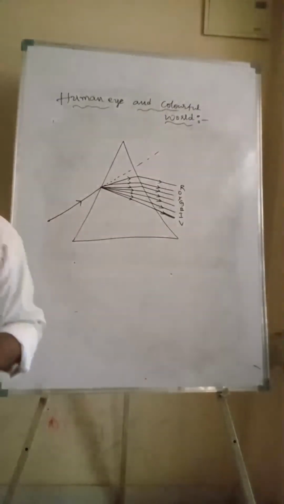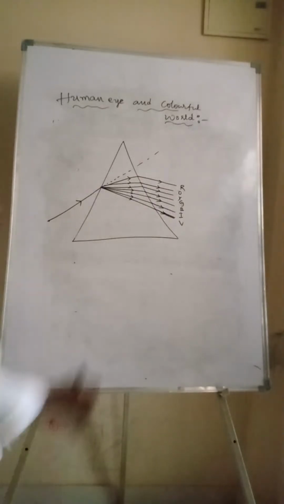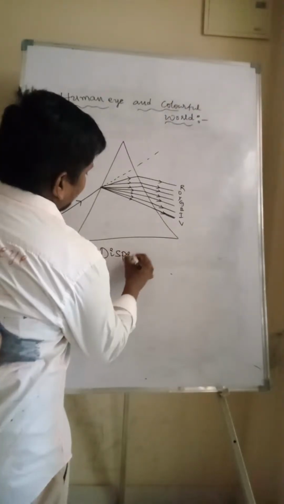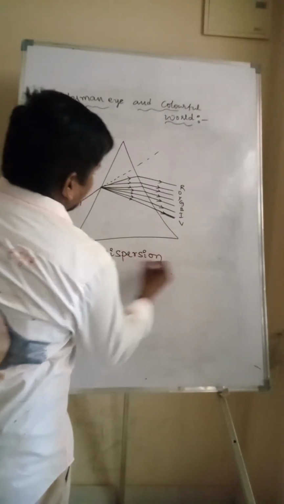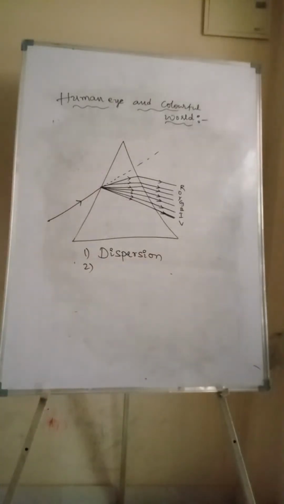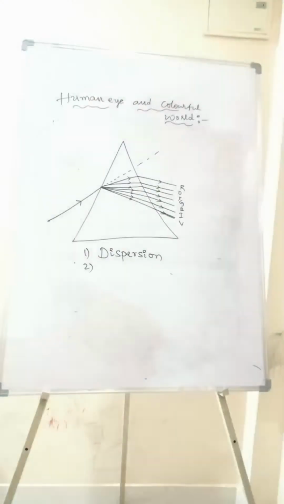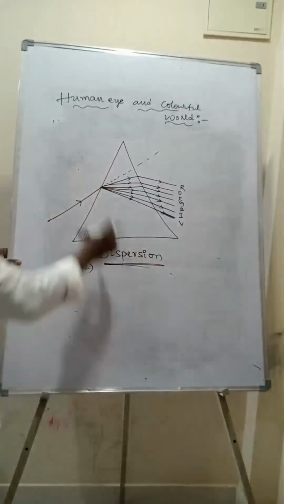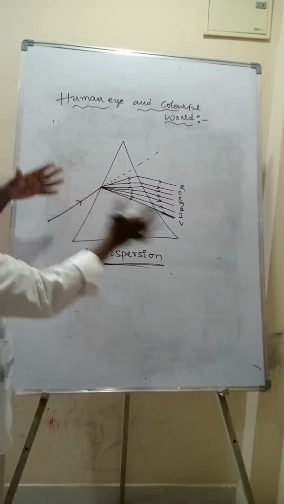Here 2 points I will discuss. Splitting of white light into 7 colors is known as dispersion. The band of colors is known as spectrum. So dispersion means splitting of white light into its 7 constituent colors.